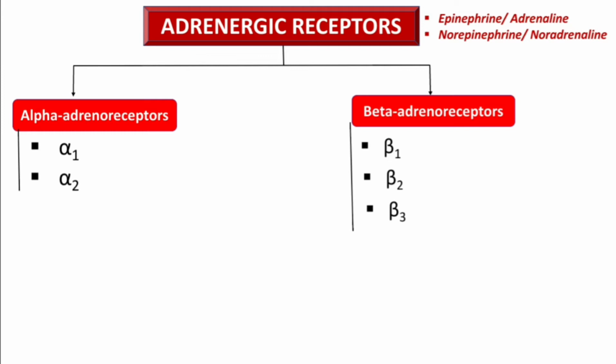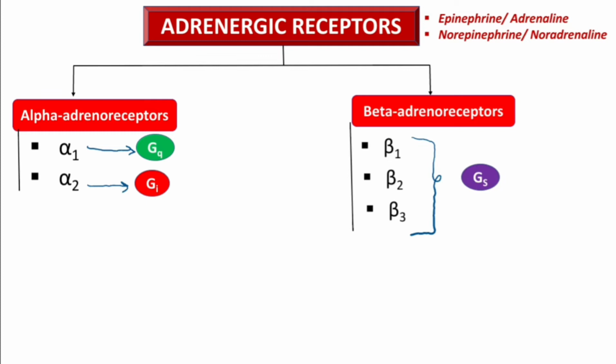You need to know that alpha 1 uses the Gq pathway and alpha 2 uses G inhibitory. We covered these pathways in the previous video, but I will do them again here as a review. For beta adrenoreceptors, just to know, all of them use G stimulatory.